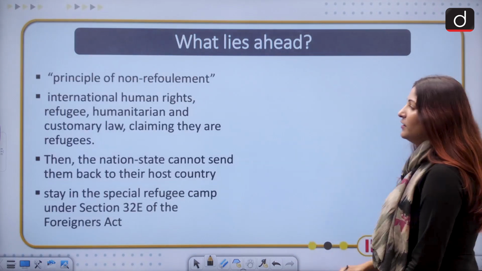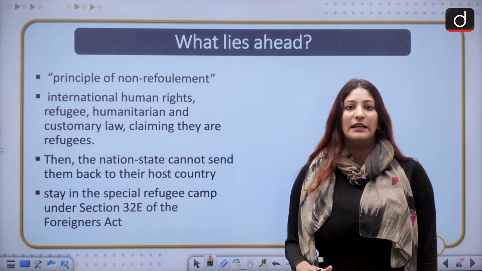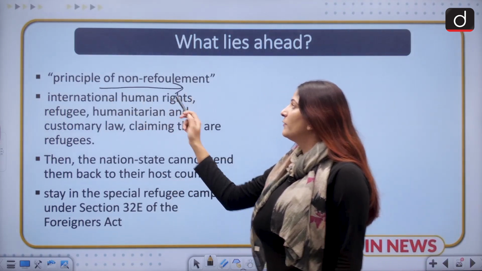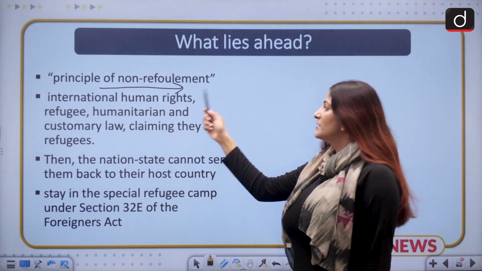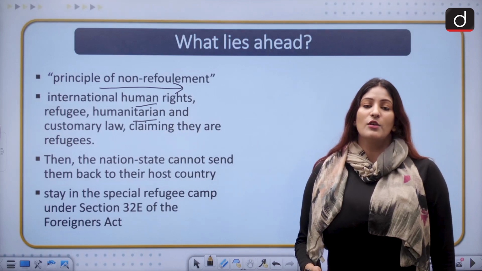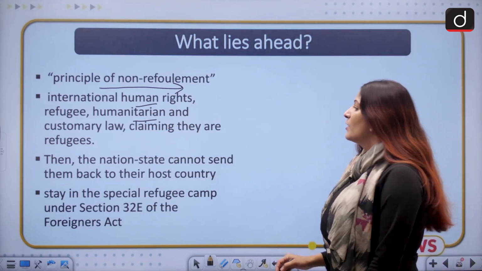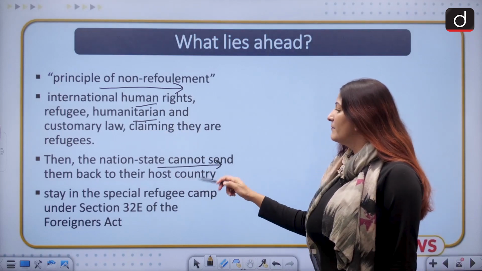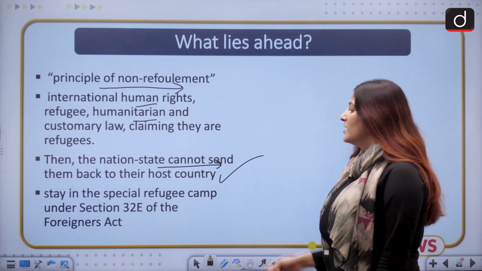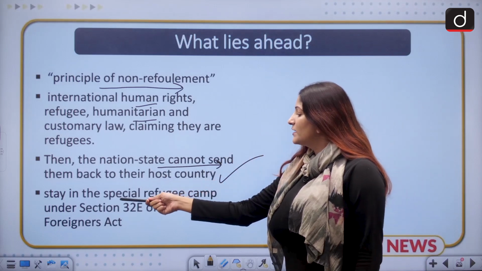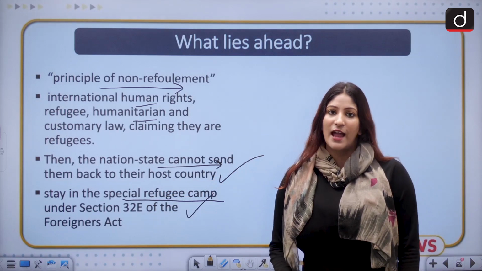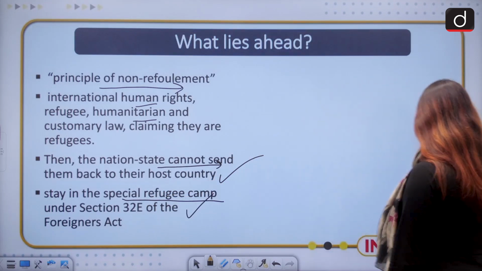Also, if they want to remain in India, they can do so by filing an appeal under the principle of non-refoulement, which is under international human rights, refugee, humanitarian, and customary laws, saying that they have the right to stay in India. The nation state cannot send them back to their host country because of this. They can also be asked by the government to stay in special refugee camps under Section 3(2)(e) of the Foreigners Act, in which detention takes place.